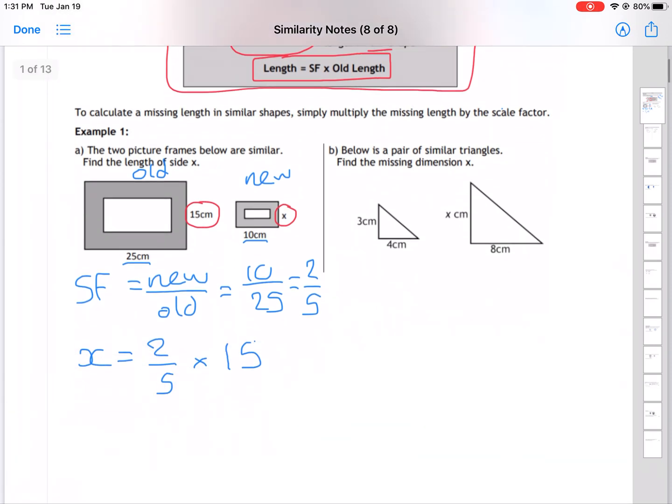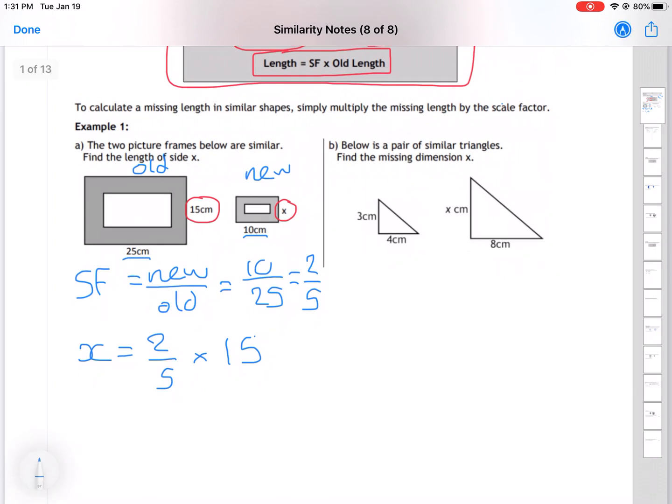Now in that case that could be 2/5 of 15, or we could multiply the fractions together, make it 2 over 5 times 15 over 1. So 30 over 5, in which case x is 6 centimetres.